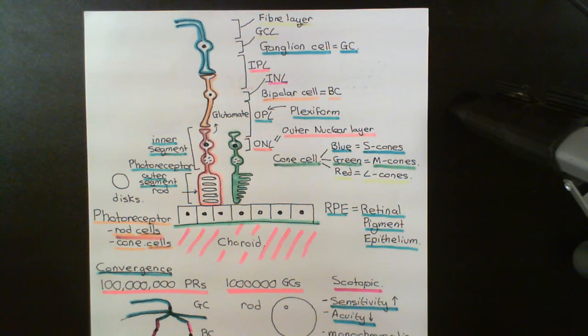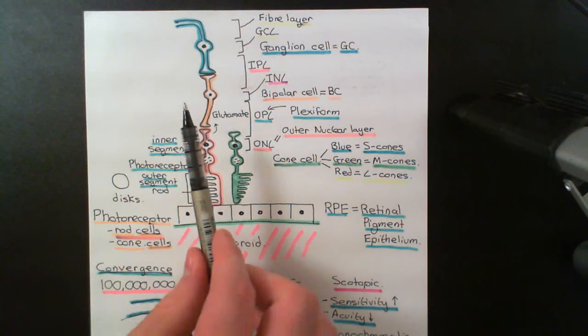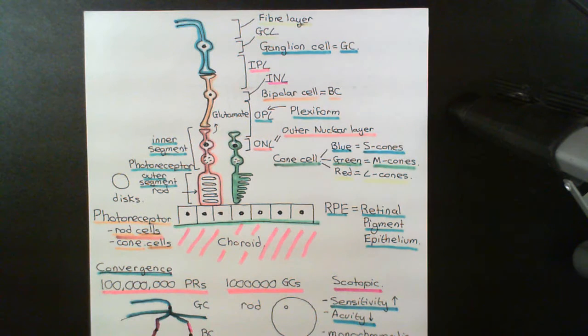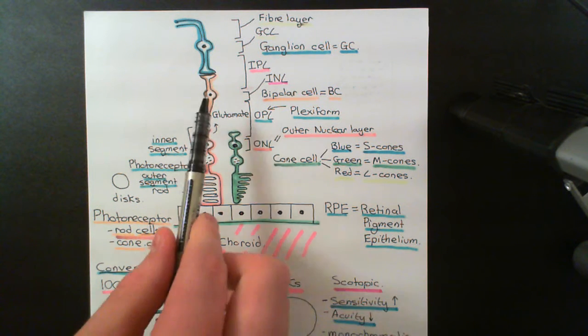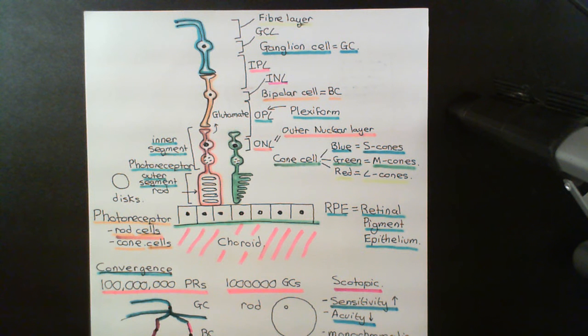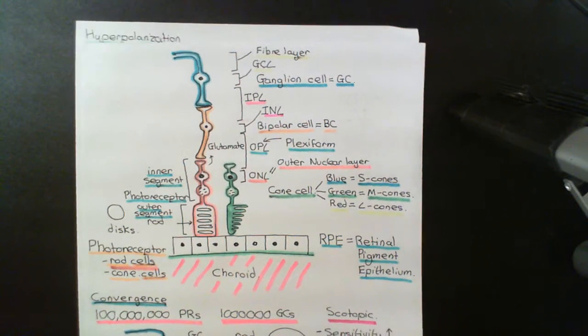It excites other neurons, and here we are, when light comes, we're going to reduce the amount of glutamate we release. However, these rod bipolar cells have a strange receptor for glutamate that is actually inhibitory rather than the normal receptors for glutamate, which are usually excitatory.